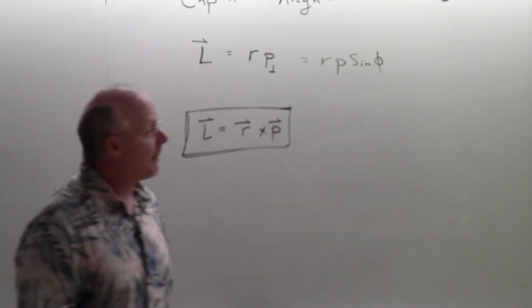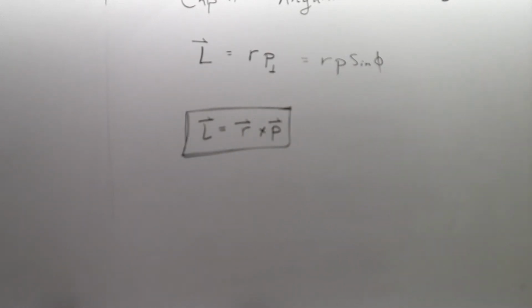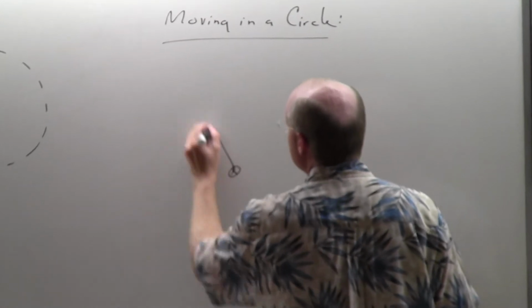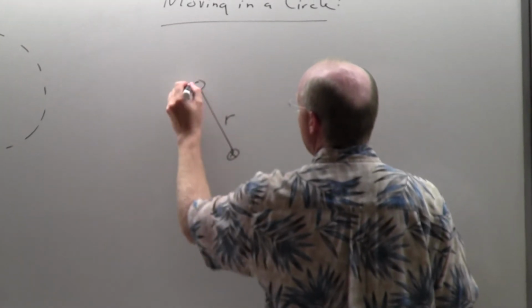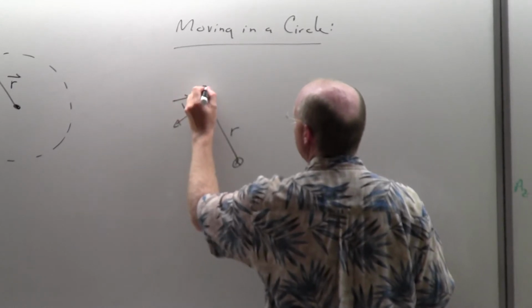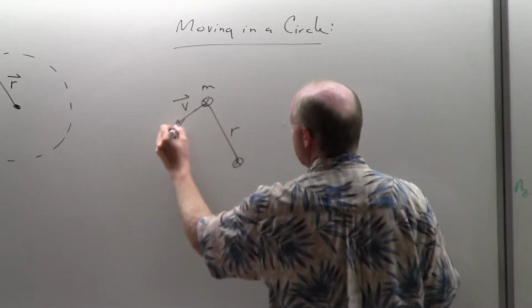The first example is really the easiest one: moving in a circle. I would have my axis here, my string out there, and the ball at the end of it, going with some velocity v, and it may have some mass.